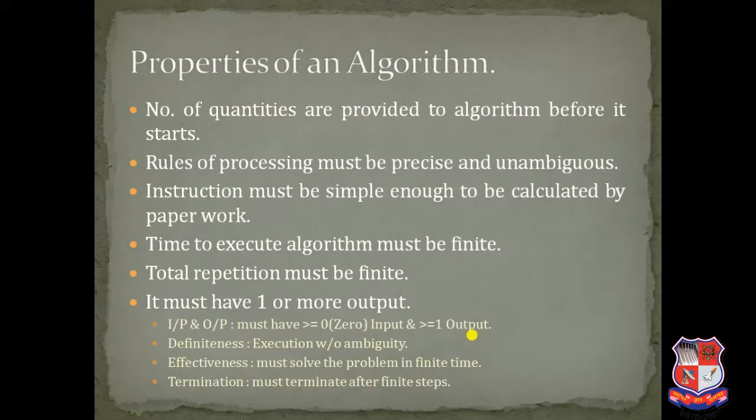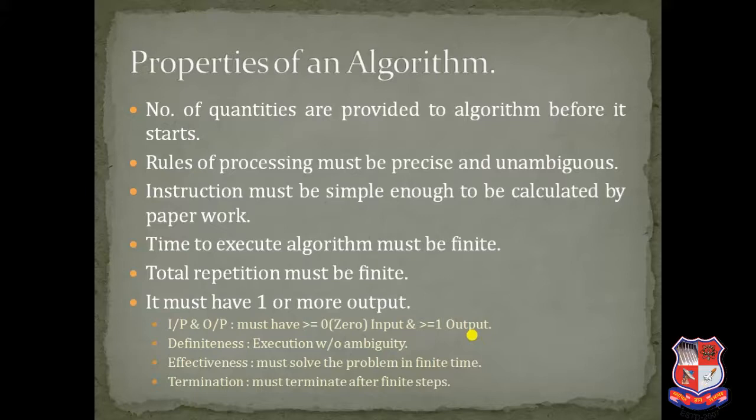Properties of an algorithm. A number of quantities are provided to the algorithm before it starts. The rules of processing must be precise and unambiguous. Instructions must be simple enough to be calculated with paper work. Time to execute the algorithm must be finite. Total repetition must be finite.